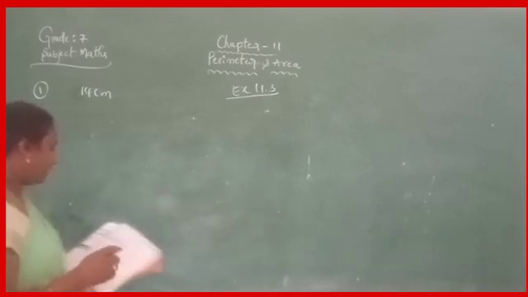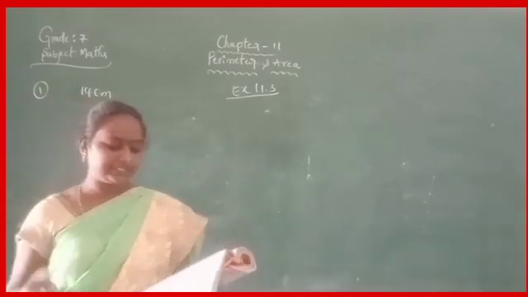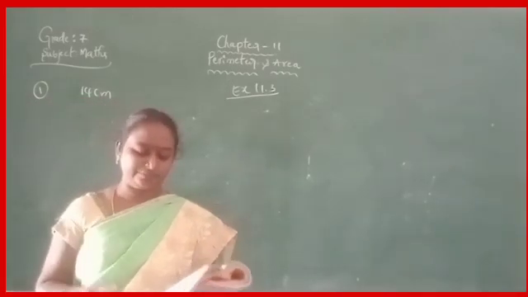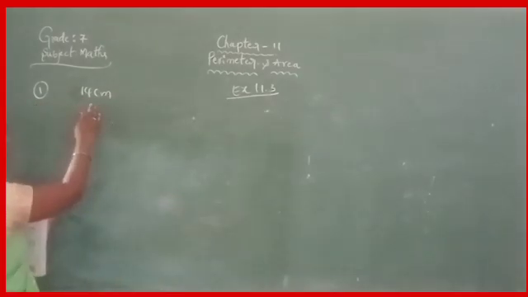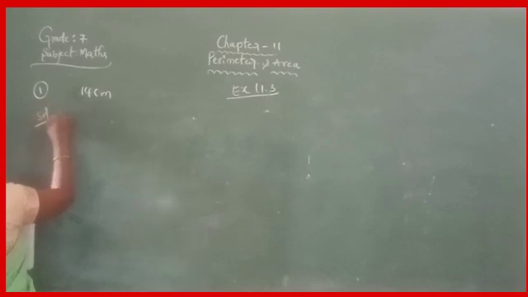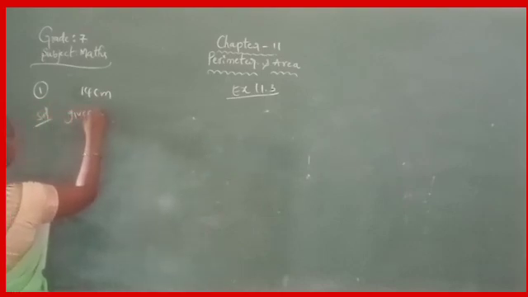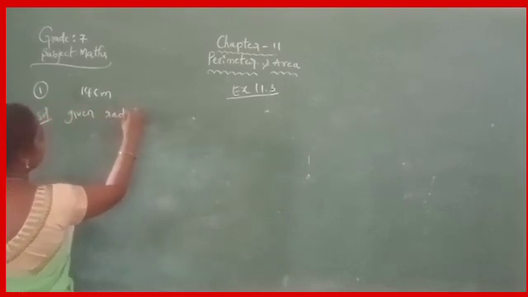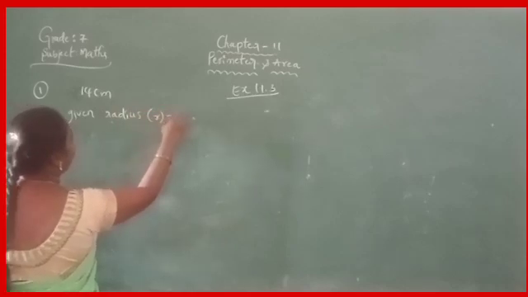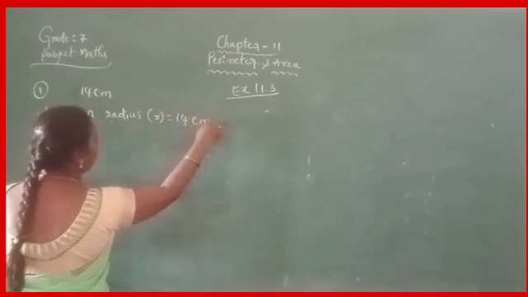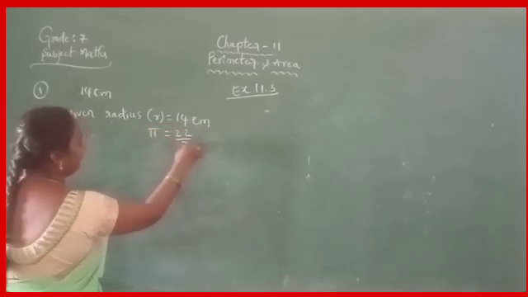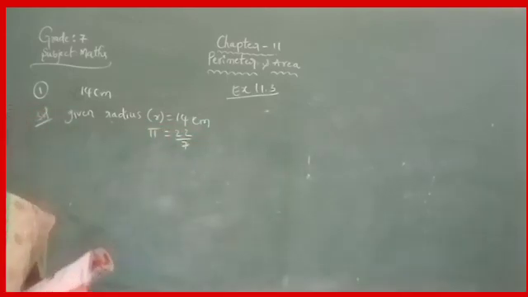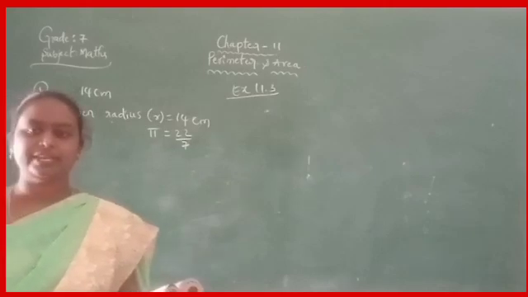This 14 centimeter is nothing but the radius. Radius is given and pi value is given, that is 22 by 7. What you have to find here? The circumference of a circle.